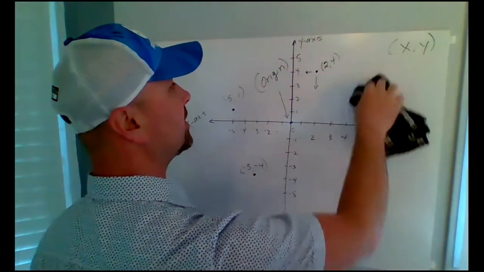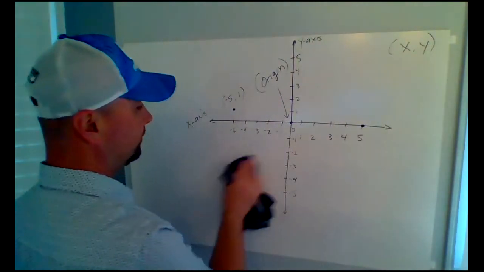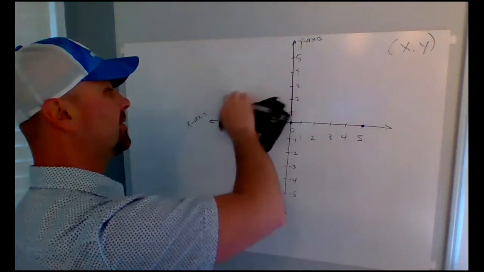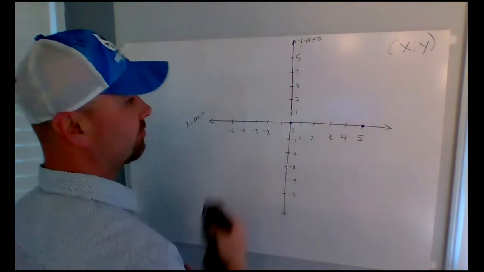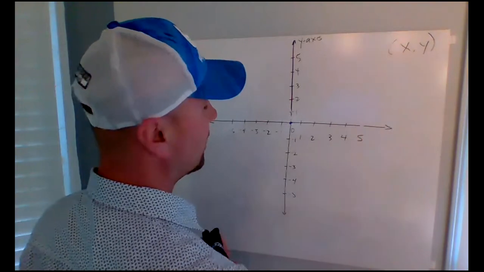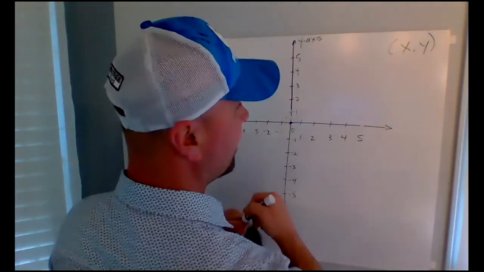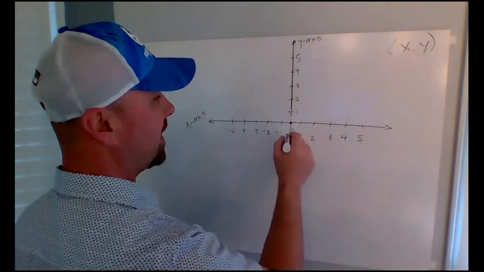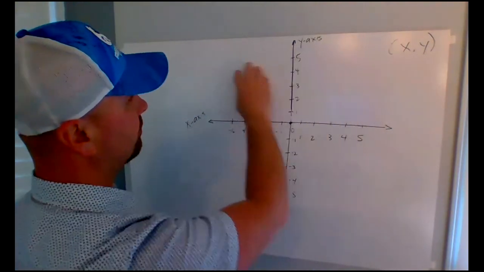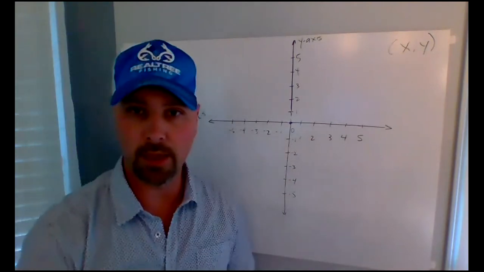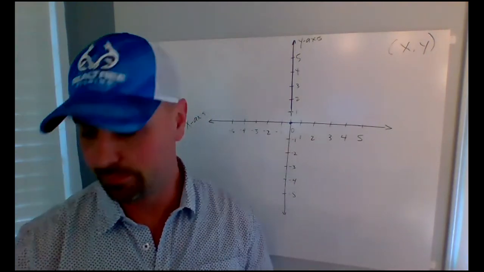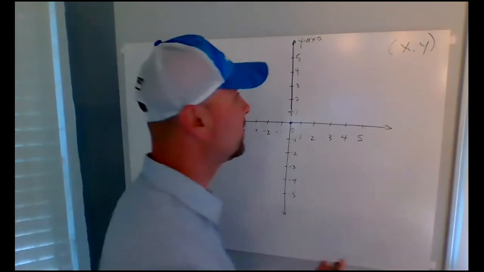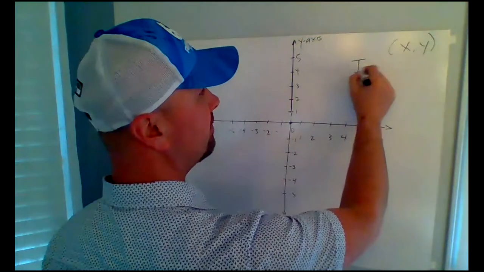So I'm going to erase these. What you may notice when we cross these is that they basically split the space into 4 sections. Okay, those are given names. They're called quadrants. Quad means 4, quad. So this is quadrant 1.